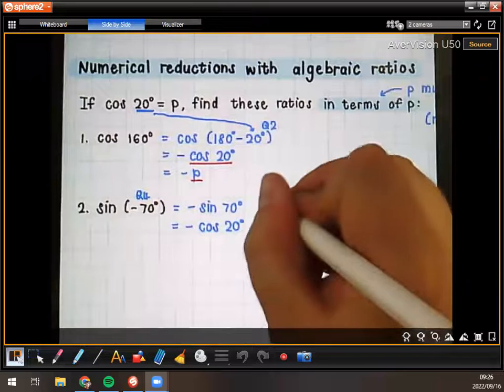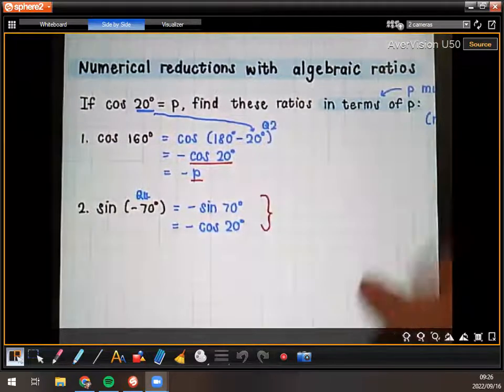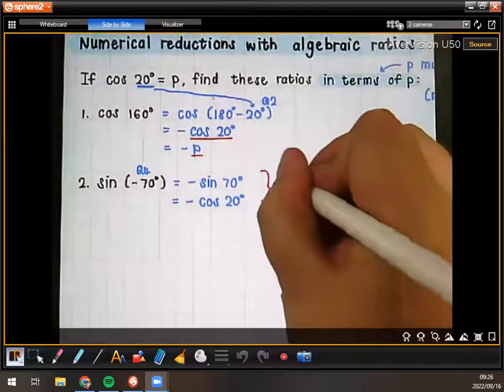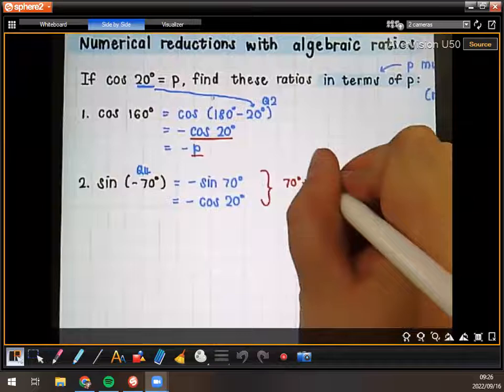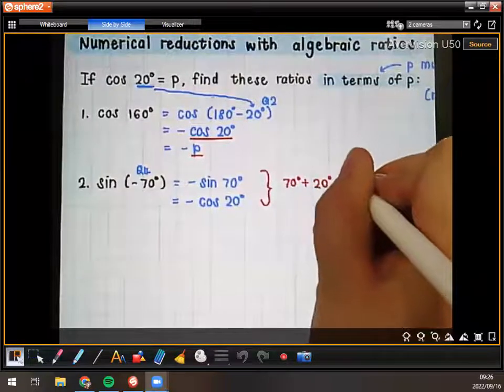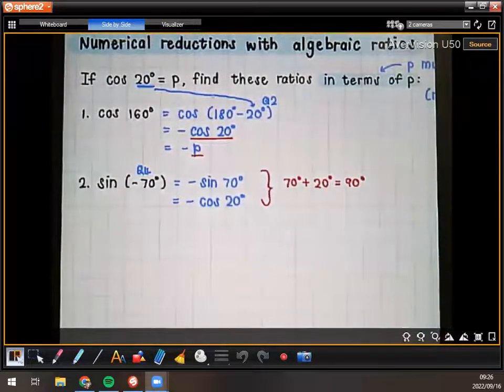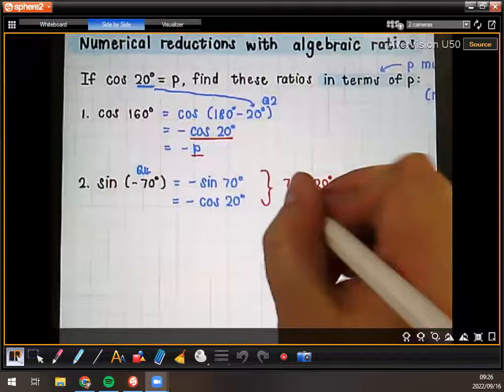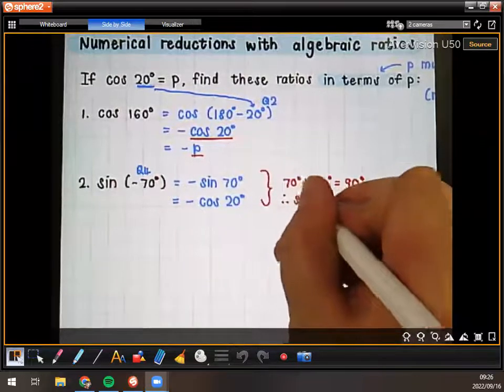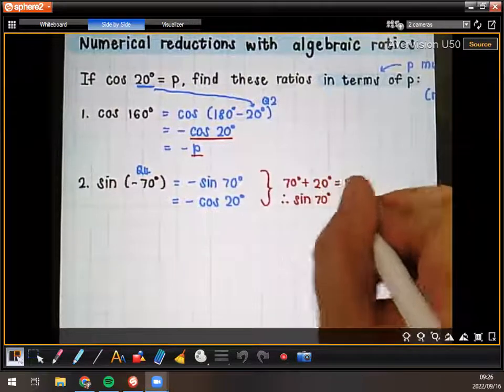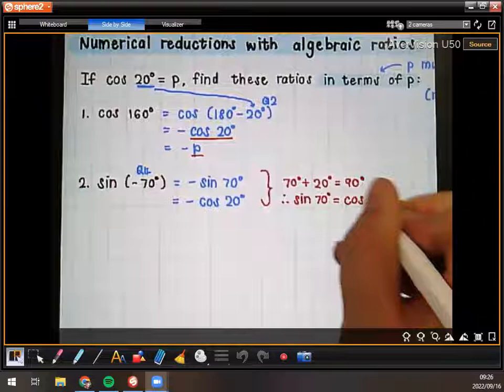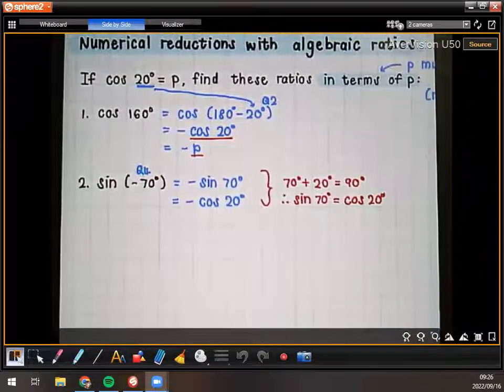I'm going to make a note again because this is a difficult concept, especially in the beginning. 70 plus 20 is equal to 90. Therefore, sine 70 is equal to cos 20. That's why we can replace sine 70 with cos 20.